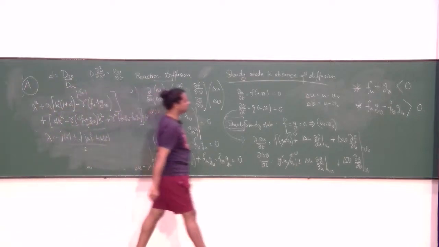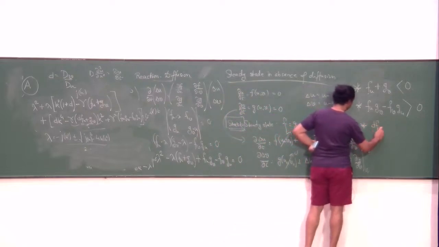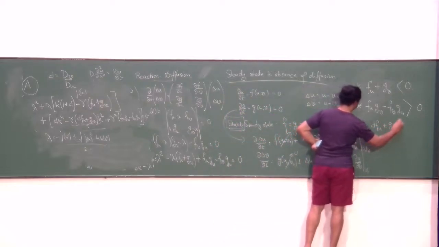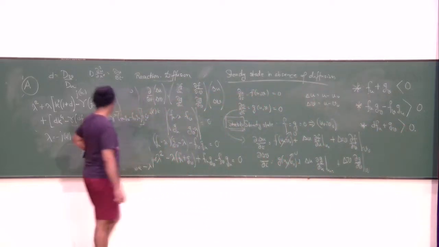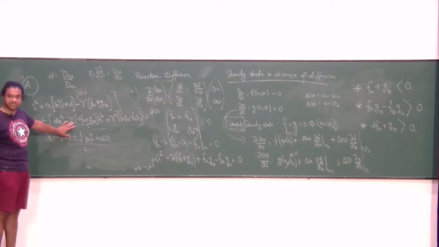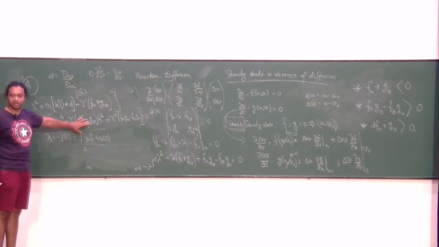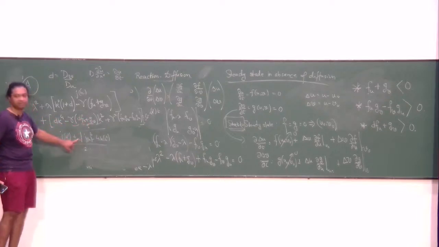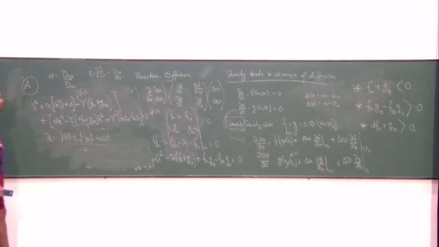So that is my condition number 3, that dfu plus gv is positive. It's not sufficient because it still has to overcome these two terms, but it's a necessary condition for this h to be negative, so that you can in principle have a positive root for this lambda. Okay, so that is condition number 3.